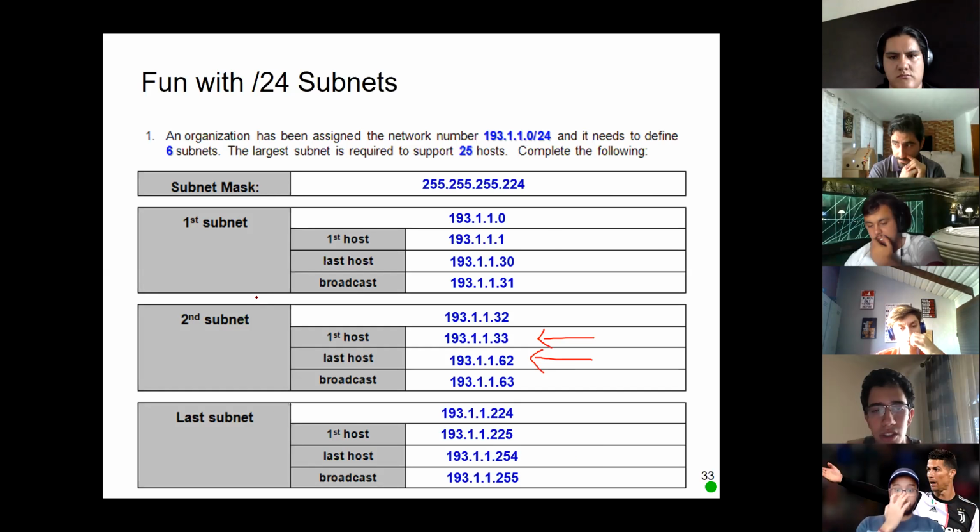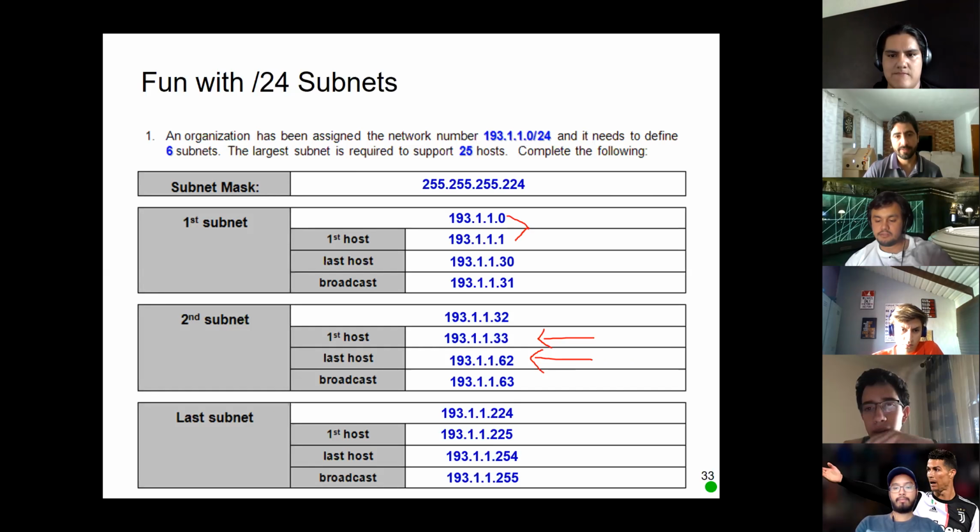How do we differentiate that from the first subnet that is exactly the same? You mean you're talking about these two? Yeah, the first one that is supposed to be from the first subnet, the .1.1.0. Okay, I got your question.